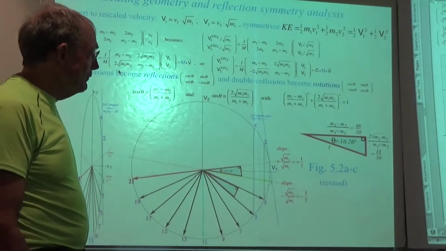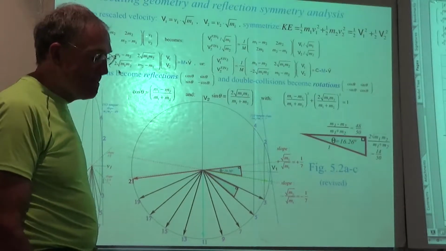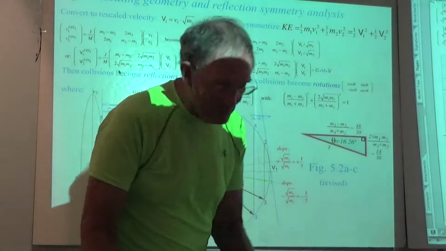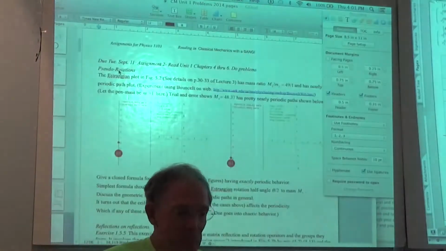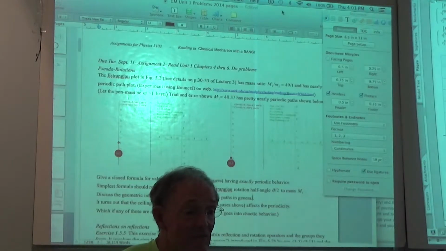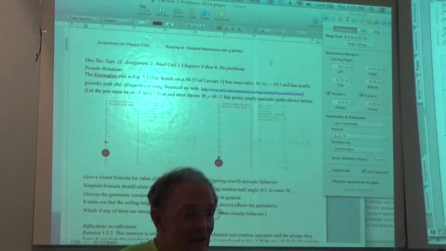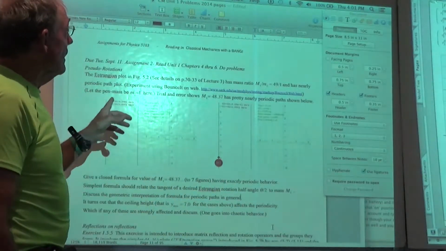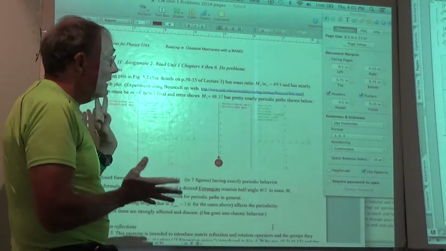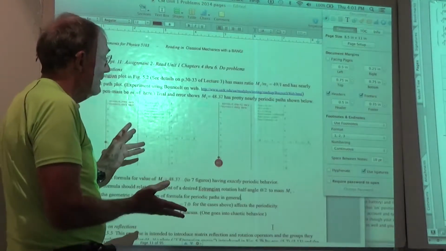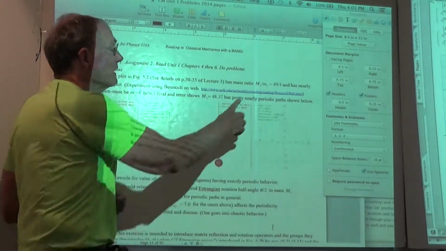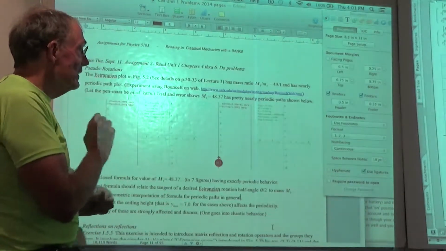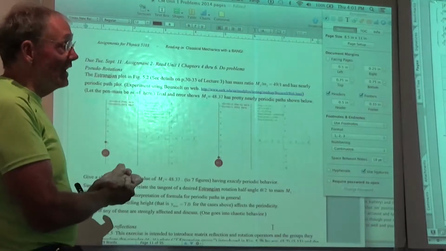So what I'm asking you to do in this problem, and I'm going to go ahead and bring that problem up right here and explain what it is that we do. Suppose I didn't know how to solve this thing geometrically or algebraically. We're reverse engineering this thing. We want to find a mass ratio slightly different from 49 that makes this thing periodic exactly.